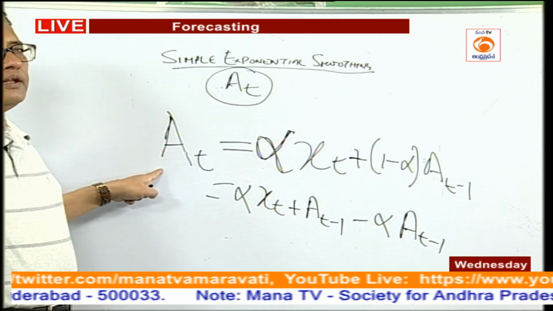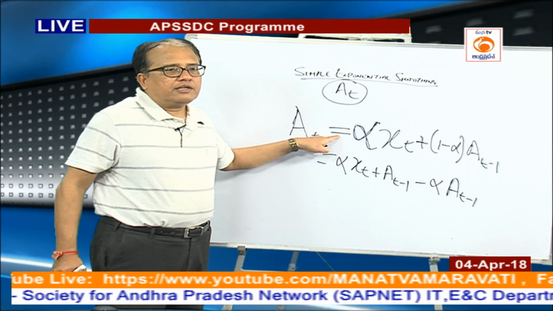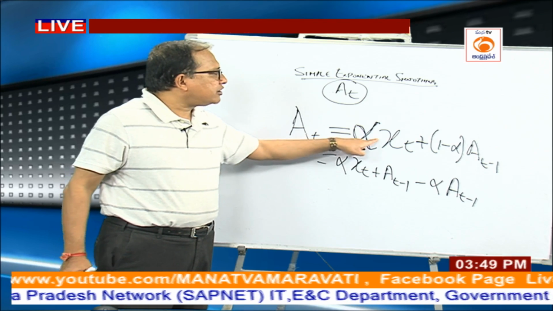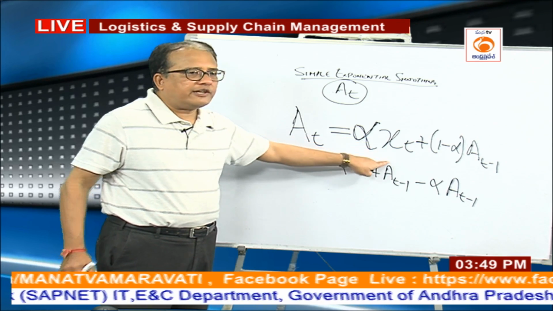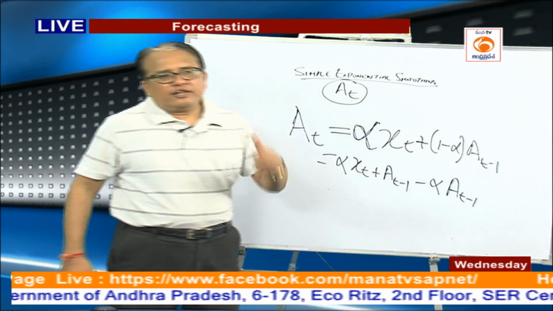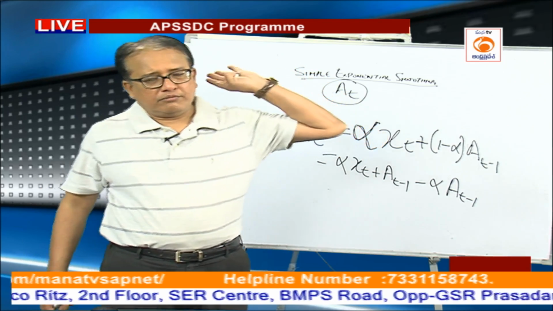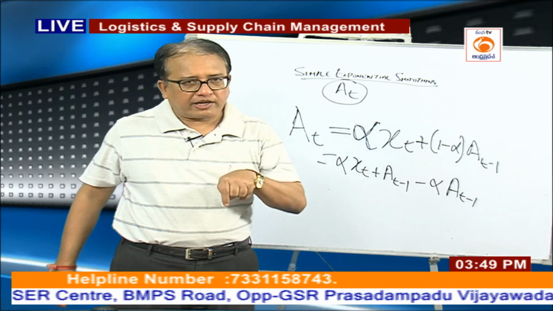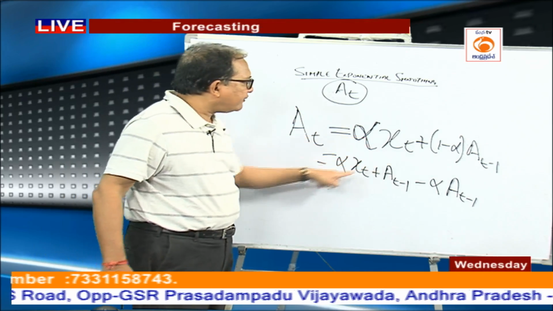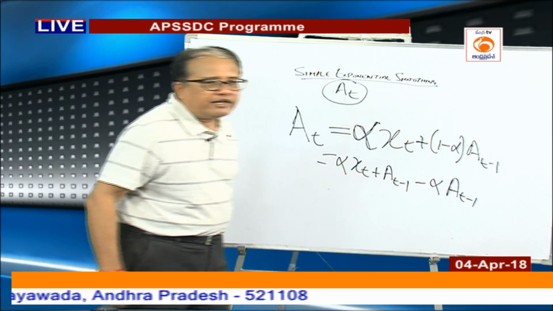That means, my prediction or forecast for next period is the smoothing constant alpha multiplied by my current demand, plus 1 minus alpha into the forecast I made in the previous period for the current period. I break this off: alpha x t remains alpha x t, A t minus 1 minus alpha A t minus 1.